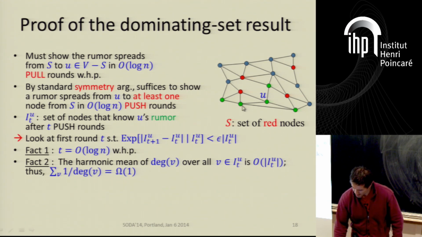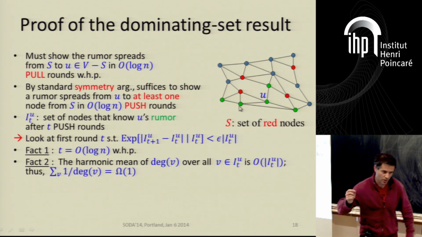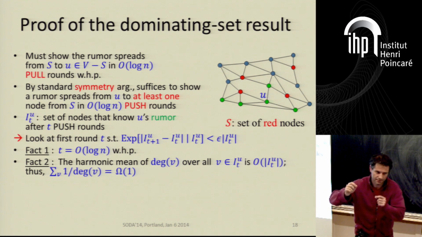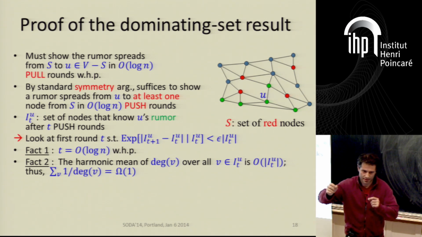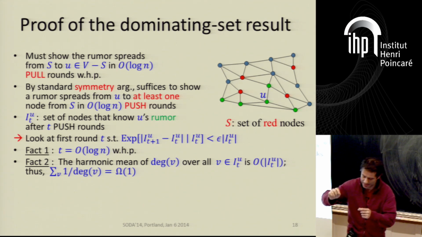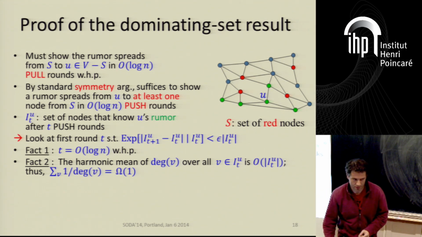Recall that each green node has at least one red neighbor. So the probability that it chooses that neighbor in a given round, and thus pushes the rumor to that red neighbor, is at least one over the degree of the node.